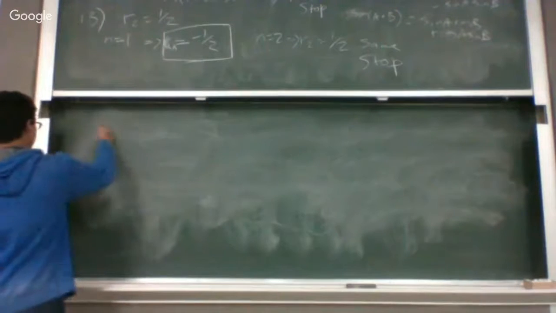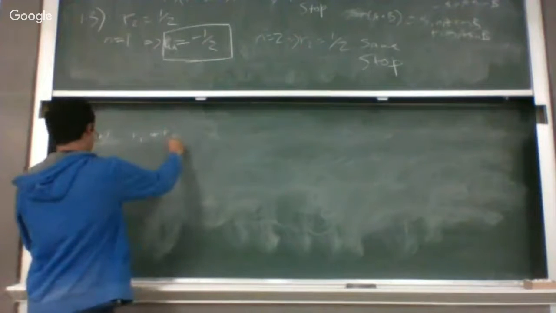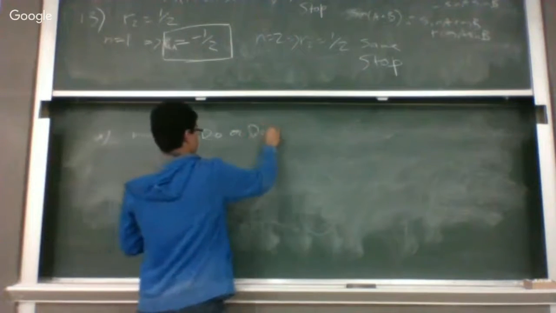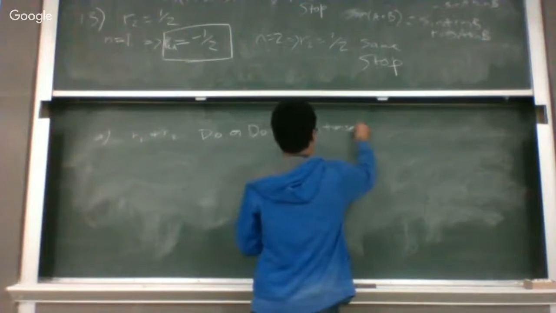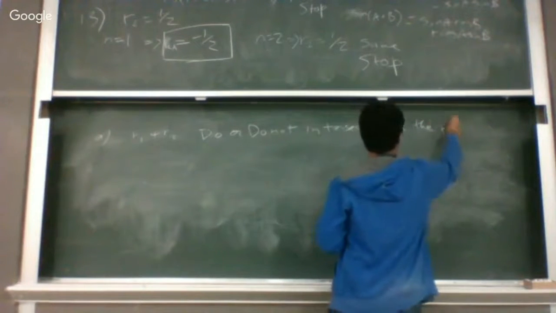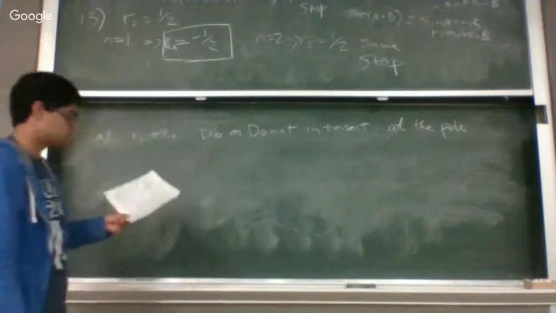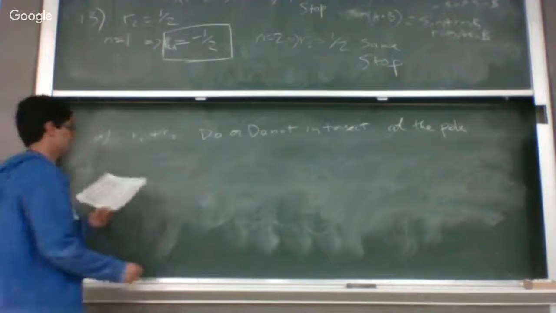Prove that r1 and r2 do or do not intersect at the pole. If we're looking at the pole, what do we have to consider? r equaling 0, okay?